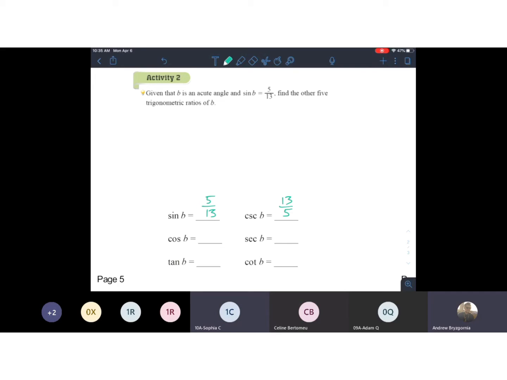No. Somebody else, what does CSC stand for? Cosecant? Thank you, there we go, yeah. So this one is cosecant. Okay, so give me another one then.